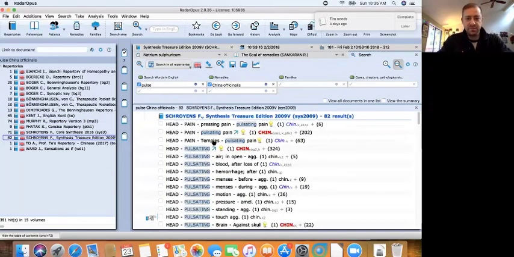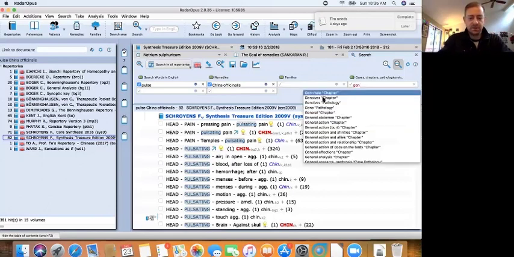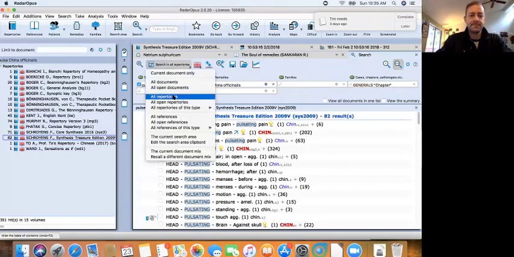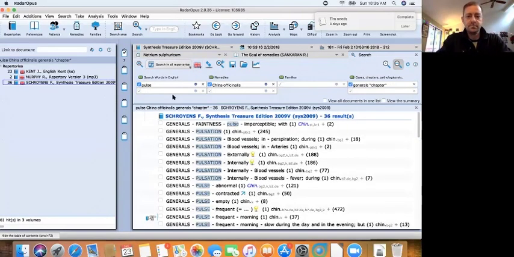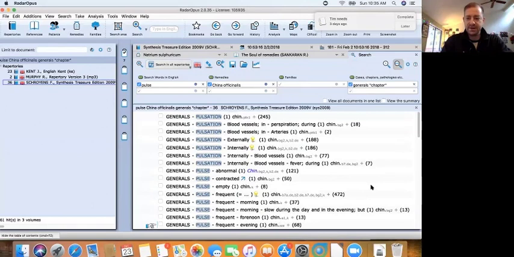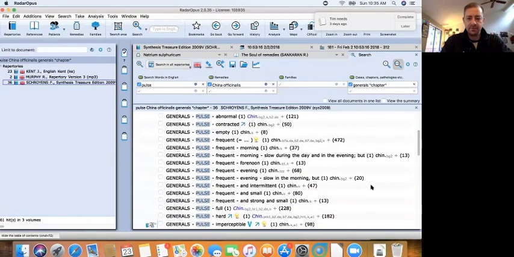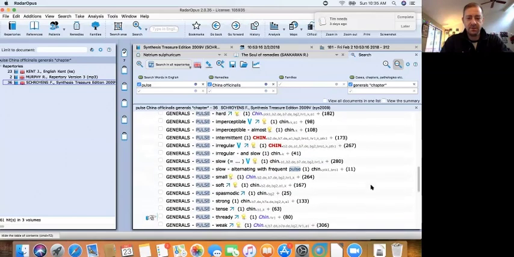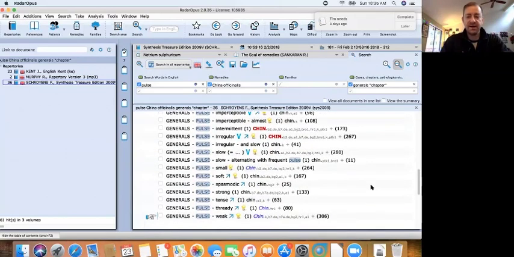There's also pulsating, so we'll reduce that to the generals chapter. There we go. Okay, pulse abnormal, pulse contracted, frequent in the morning but slow during the day and in the evening. Frequent and intermittent, frequent and small, frequent, strong and small, imperceptible, irregular, intermittent. Okay, soft pulse, tense, thready, weak.